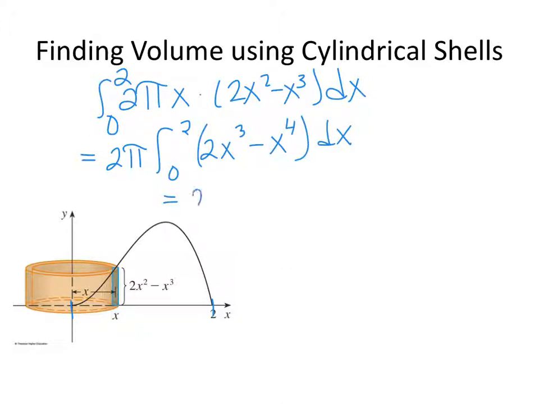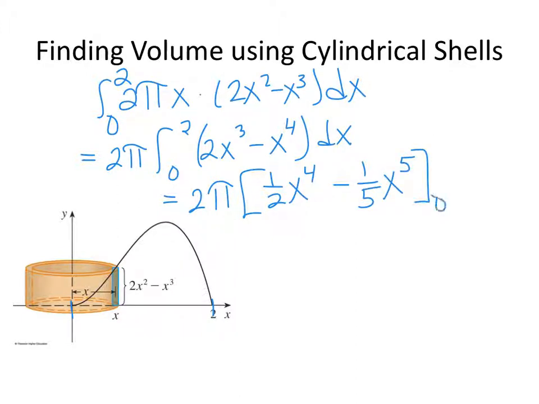When I integrate, I have 2 pi times 1/2 x to the fourth minus 1/5 x to the fifth, and I'm evaluating that from 0 to 2. So I have 2 pi times: 2 to the fourth is 16, half of 16 is 8, and 2 to the fifth is 32, so minus 32 over 5.